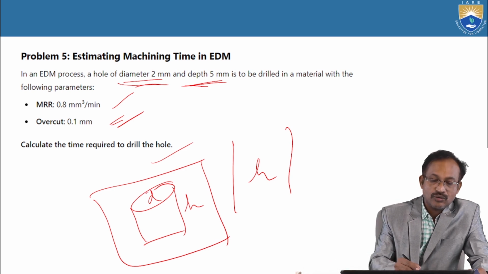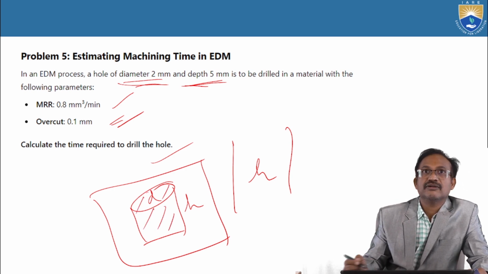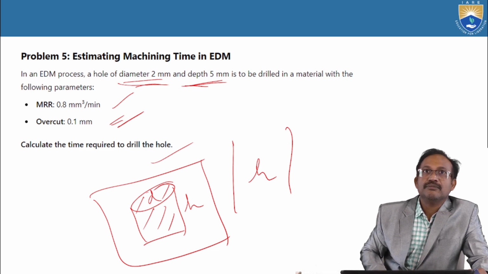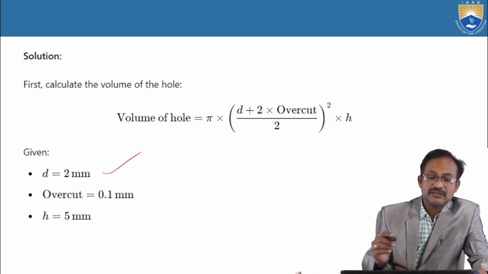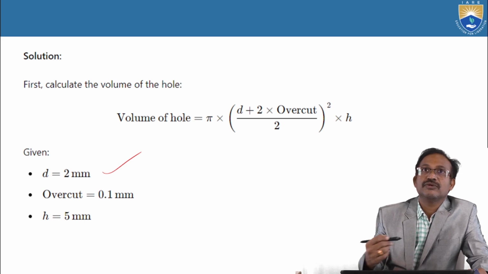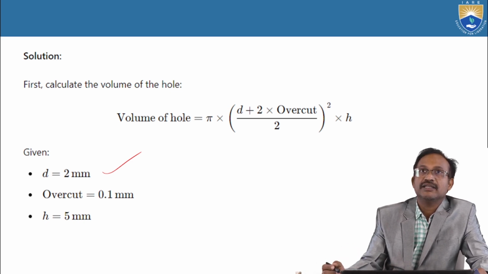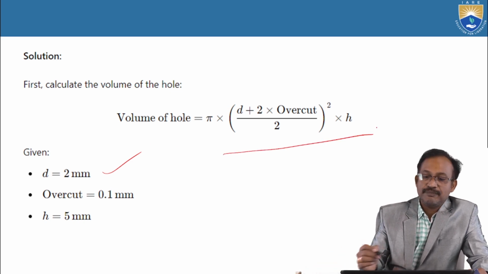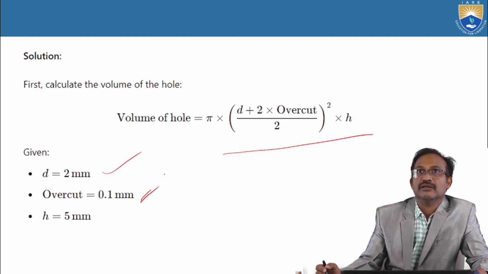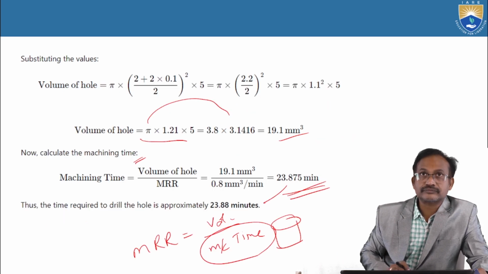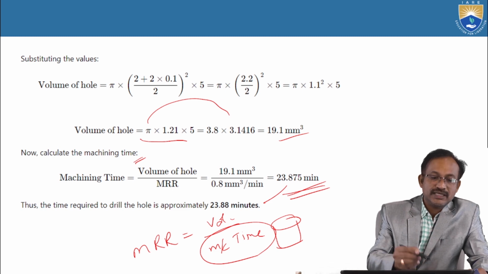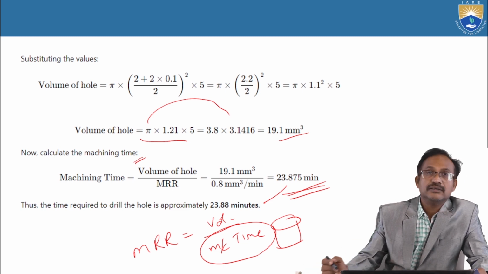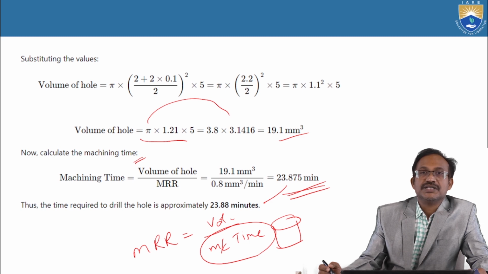For that we first find the volume of the hole, and once we get the volume, we can find the time taken to machine it, using the formula pi into (d plus 2 times overcut) by 2, where the overcut is 0.1 mm. That is what we have to take care of in the problem.